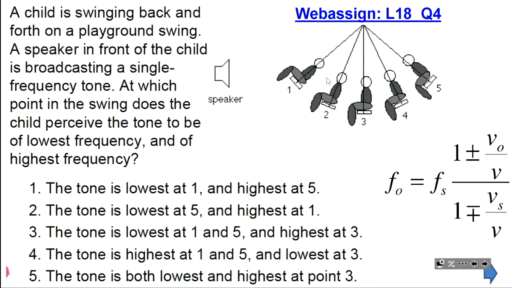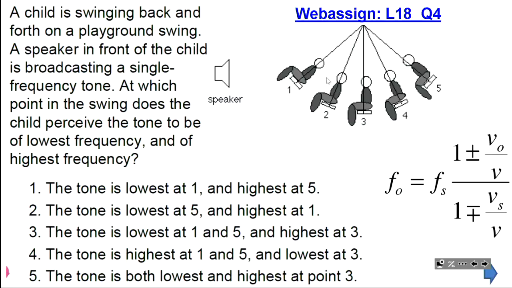So, a child, probably a son or a daughter of a physicist, studies the Doppler effect, have stolen a speaker from a physicist, a father or a mother. It's gender neutral, it could be either, maybe both.